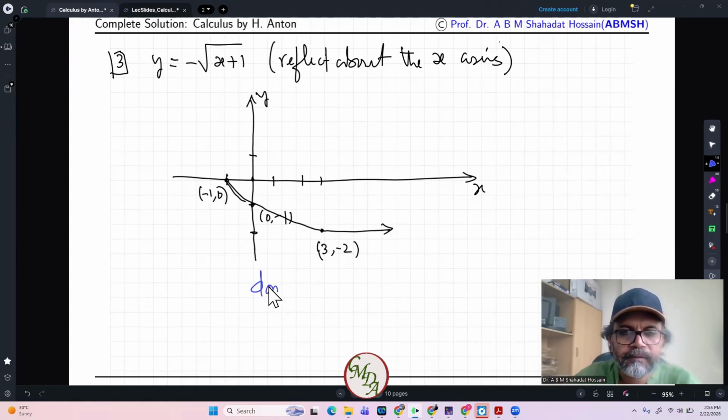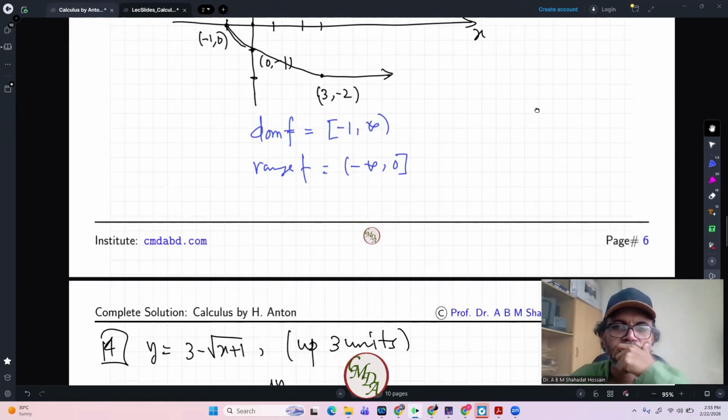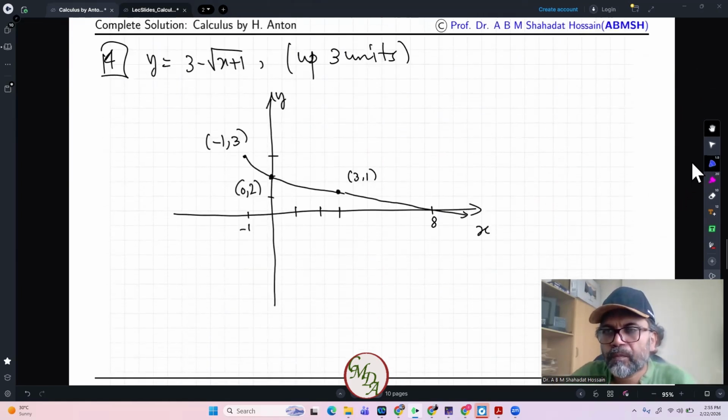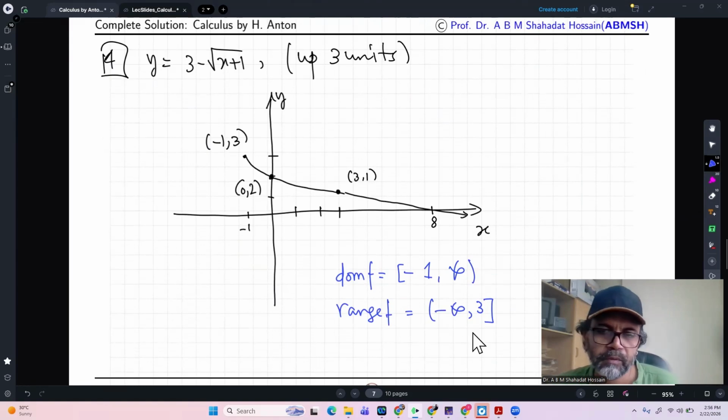In this case, the domain is the same as in step 2, -1 to infinity, and the range of f is -infinity to 0. And in the final step, the domain is -1 to infinity, and the range is -infinity to 3.